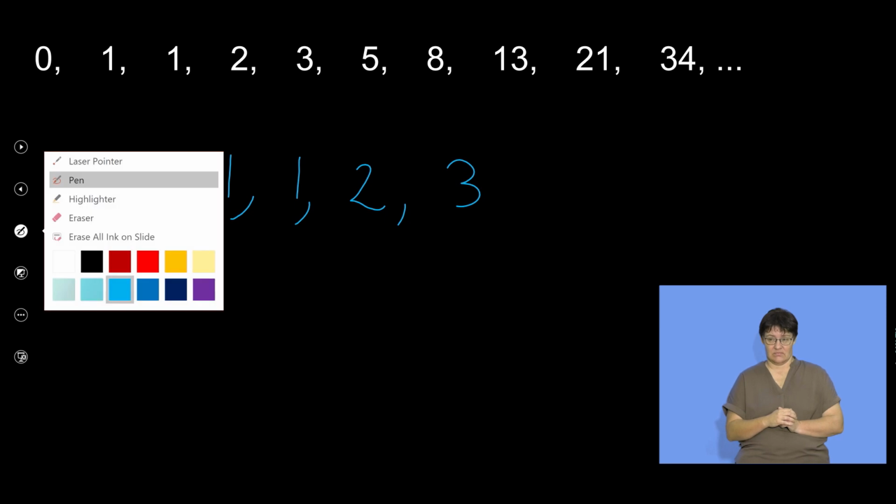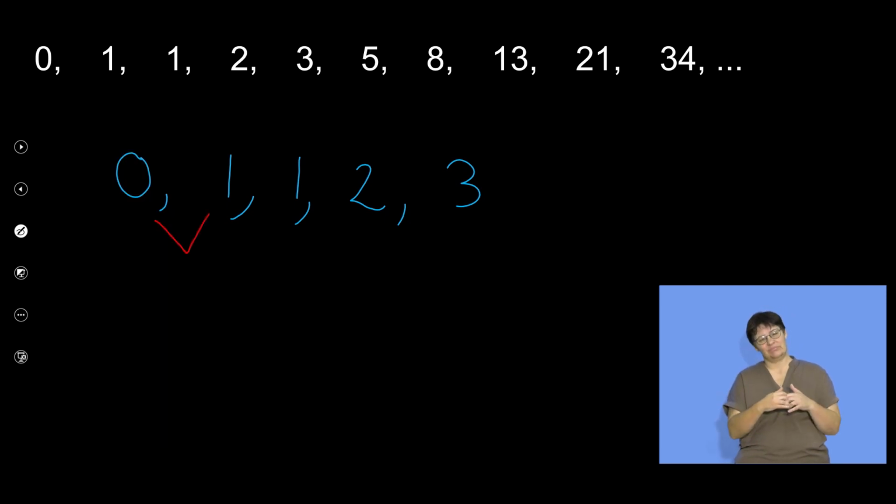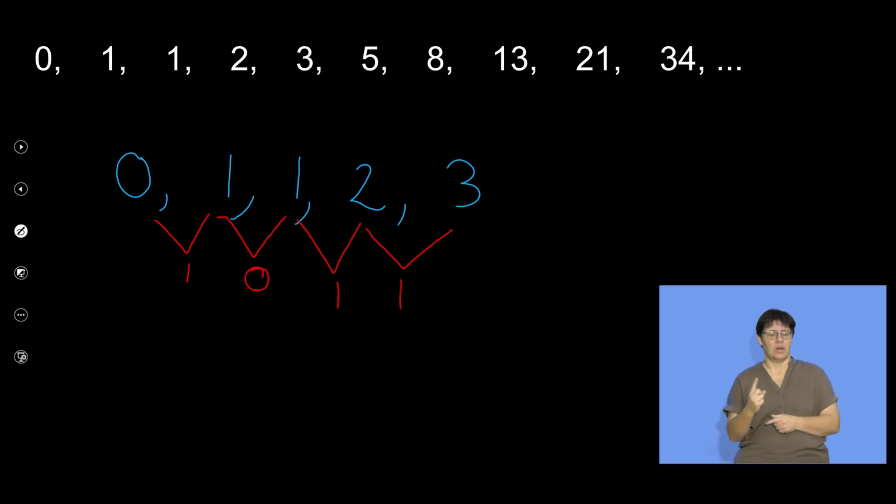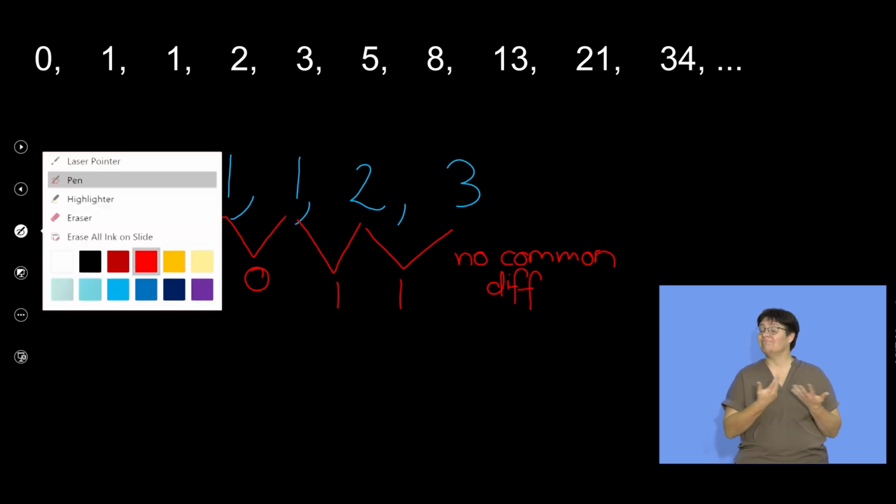If I was thinking about doing a common difference, there's a common difference of 1 between 0 and 1, a common difference of 0 between 1 and 1, a common difference of 1 between 1 and 2, and a common difference of 1 between 2 and 3. So we can see that there's no common difference between those numbers. So that means we're going to have to get a bit more creative.